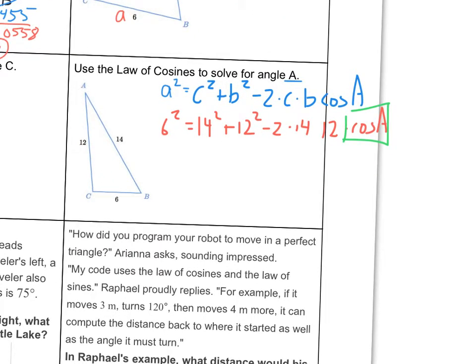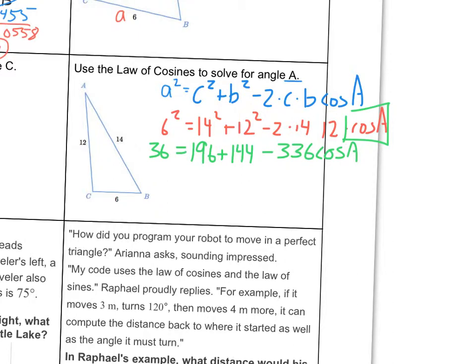So I'm going to do this as 6 squared is 36. 14 squared is 196. 12 squared is 144. I'm going to do this as 2 times 14 times 12, and that's going to be minus 336 cosine of A. The trick is we cannot combine the three numbers on the right side.